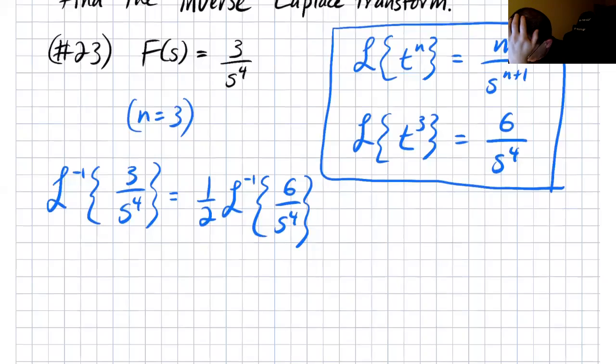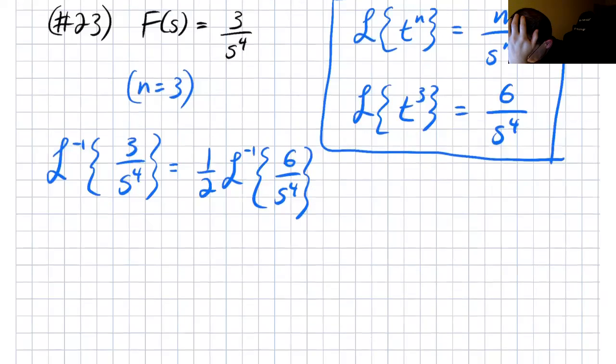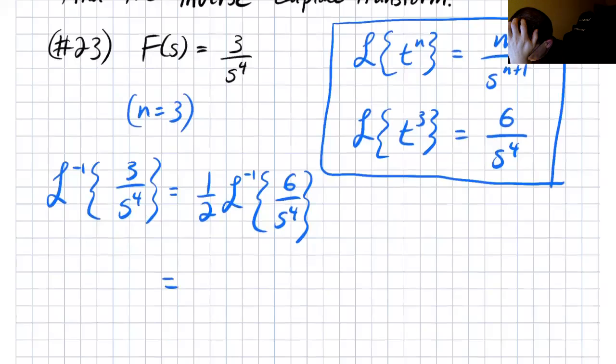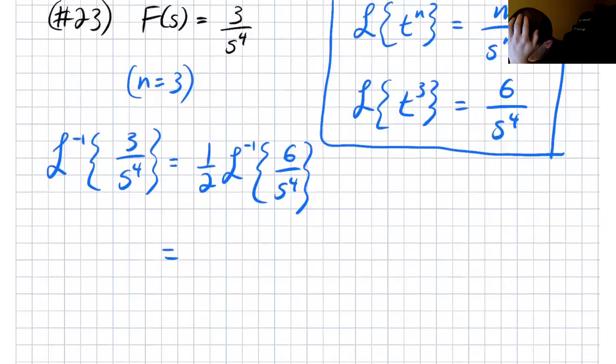Right, so 1/2 times 6 is 3. And the inverse Laplace transform of 6 over s to the fourth is t cubed. So we would end up getting 1/2 t cubed.